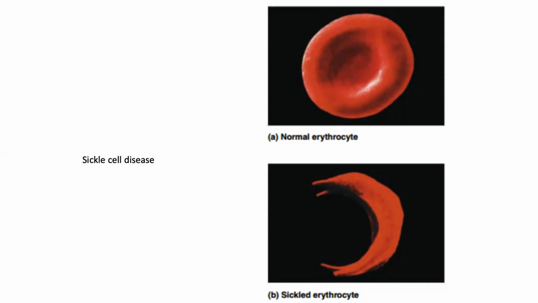So there is an abnormal globin chain. And when there is a low oxygen environment, the RBC shape changes from a biconcave structure to a sickle shape structure. And therefore, this problem is called sickle cell disease.